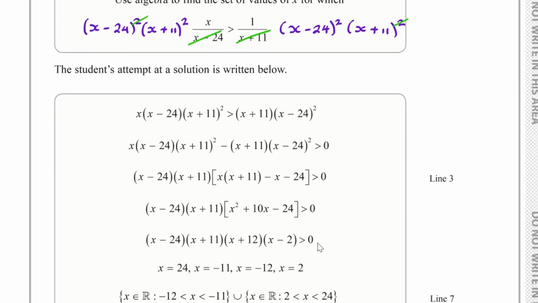And in terms of line 7, once they've solved the inequality, as you can probably tell by looking at this graph over here, they found the regions where the inequality is less than 0, and we're looking at the regions where the inequality is greater than 0.